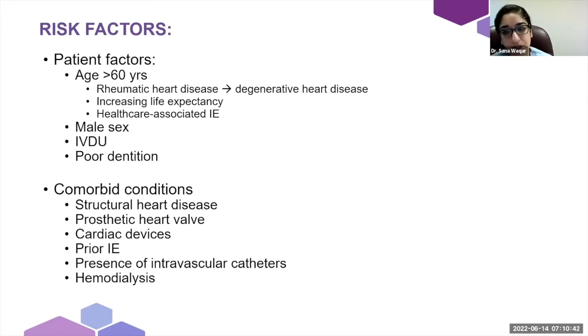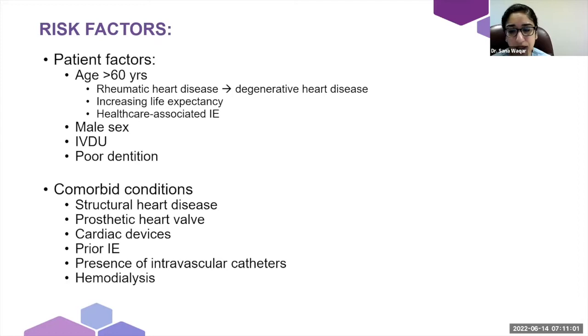Healthcare-associated endocarditis: again, we're putting in many more lines. We're more aggressive with our approach to managing medical conditions, which puts patients at risk for not only bacteremias, but also damaging valve surfaces. For some reason, male sex is a risk factor.